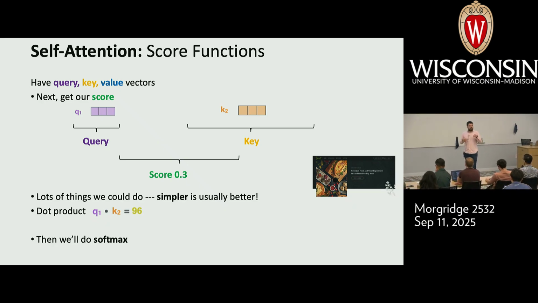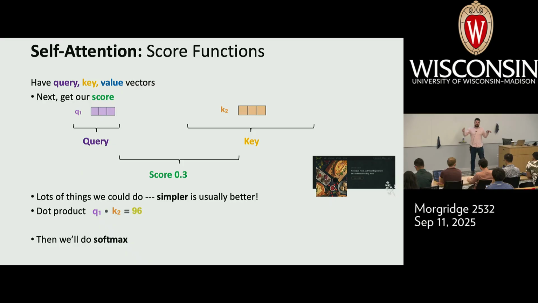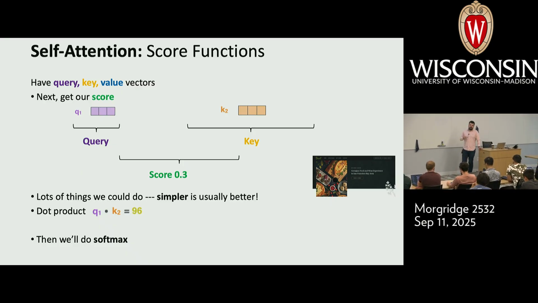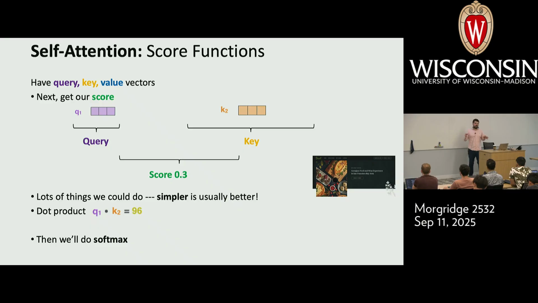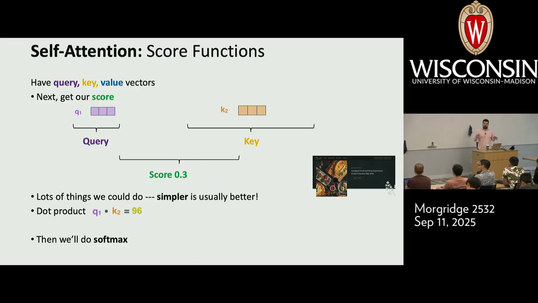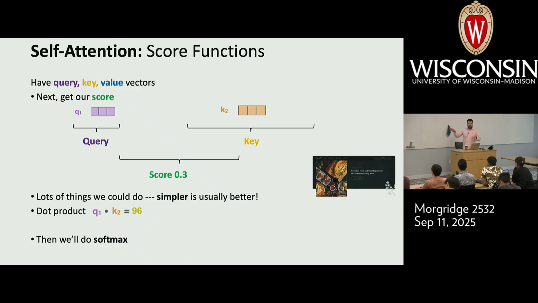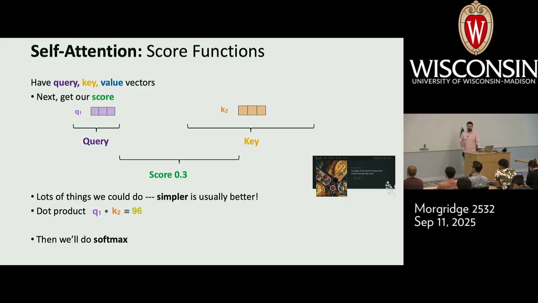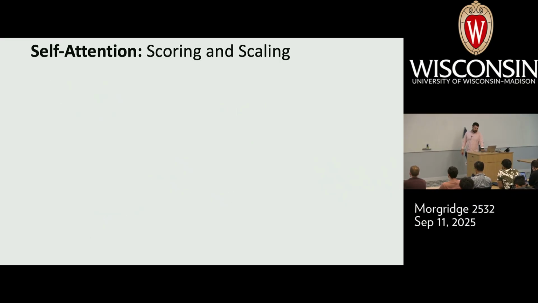I'm trying to figure out the interactions with all of the other keys. I go ahead and compute this dot product for all of these. There's n such dot products, where n is the length of our sequence. And then we'll run softmax. And that's going to normalize all these things. It's going to give me something that looks like probabilities. Everybody okay with this so far? Okay, we'll see it in a second in more detail.